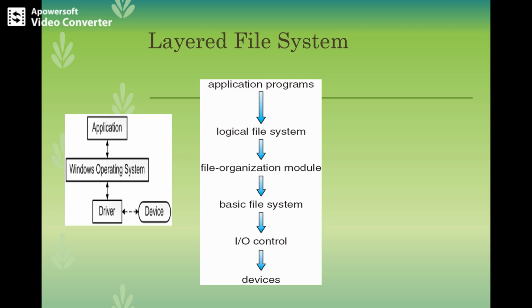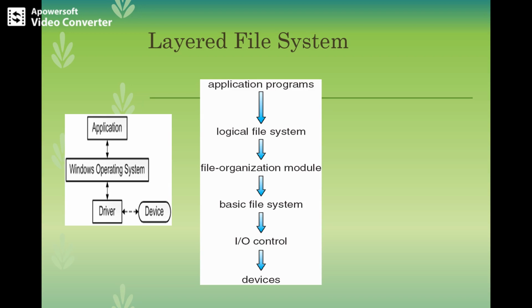And you know what is there in the file organization module? This module knows about the files and the logical blocks as well as physical blocks. By knowing the type of file allocation used and the location of the file, the file organization module can translate the logical block addresses to physical block addresses for the basic file transfer.